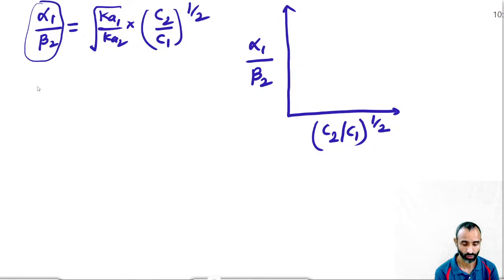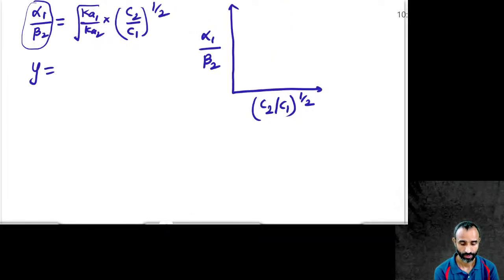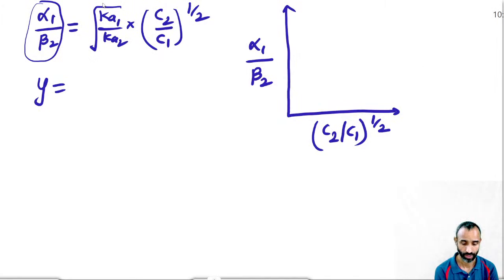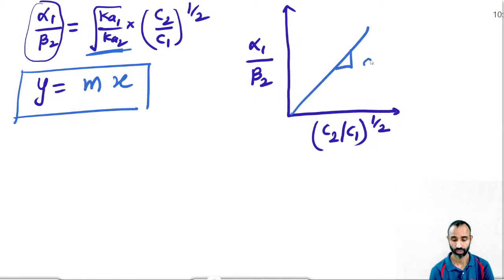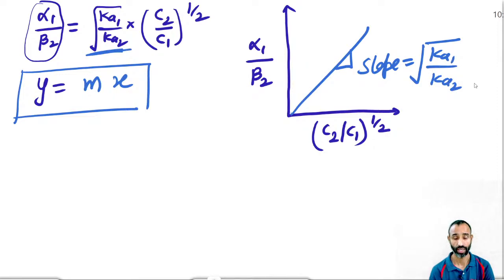See, take alpha 1 by beta 2 as Y. This part is M, and C2 by C1 raised to power 1 by 2 as X. So it is like Y equal to MX, which means it is a straight line with slope under root Ka1 by Ka2.